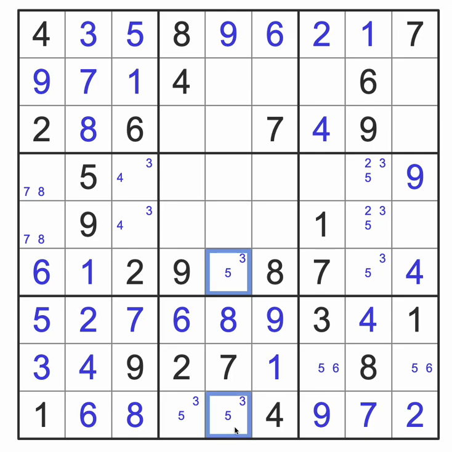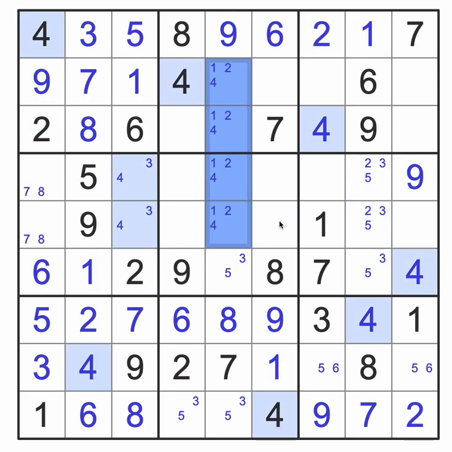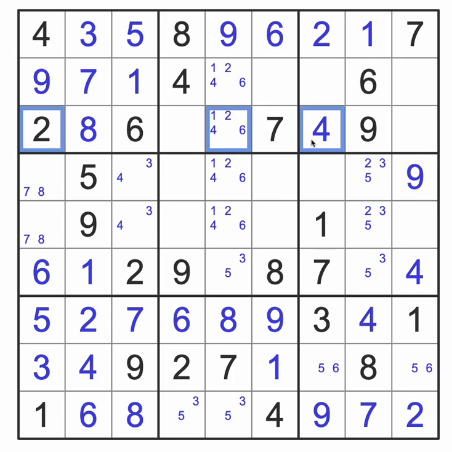Now I have a 3, 5 double here, which should be helpful. That gives me 4 numbers I can use for these 4 cells, which are 1, 2, 4, 6. And this cell is blocked by 2, 4, 6.